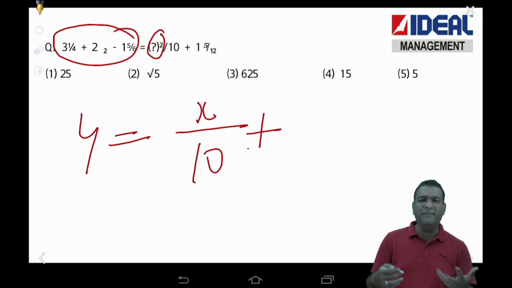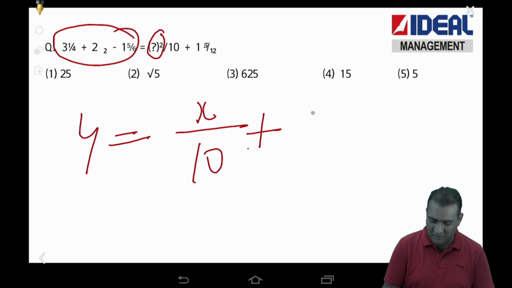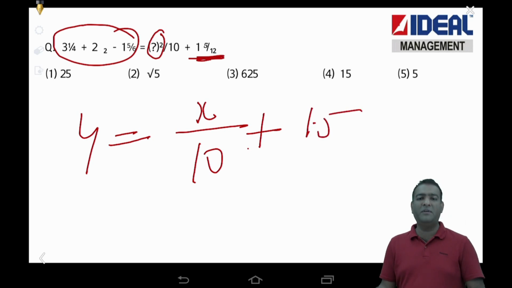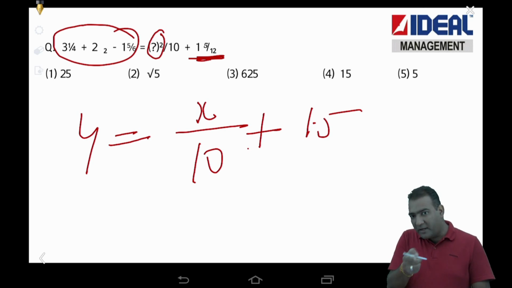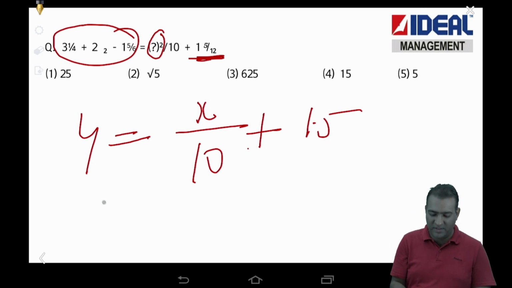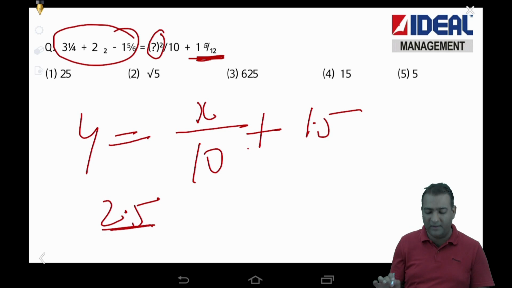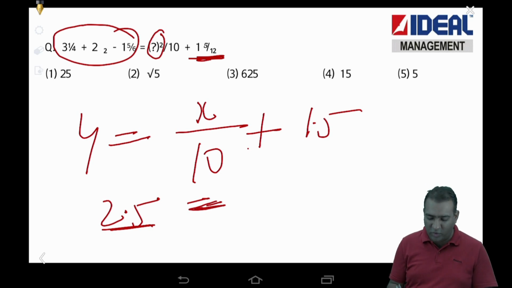Now 1 by 5 by 12 is 1.5, not more than that, kyunki इकलौता number है. 6 by 12 होता तो पक्का 1.5 होता. Now this 1 by 1.5 will shift on the left hand side, which means this will become 2.5 approximately, it's all approximation. So I want my answer to be 2.5. Now if I want my answer to be 2.5, this should be 25. That's it.